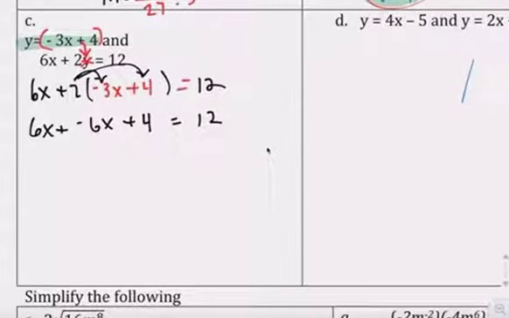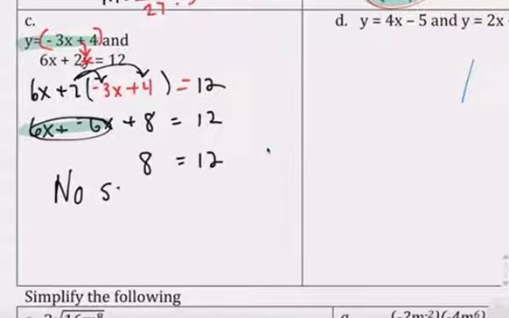After that, you need to combine like terms, correct? You get 0. Is it 4 or 8? Oh gosh, 8. Thank you. Careless mistake. This is 0, right? 0 plus 8 is 8 equals 12. That is no solution.